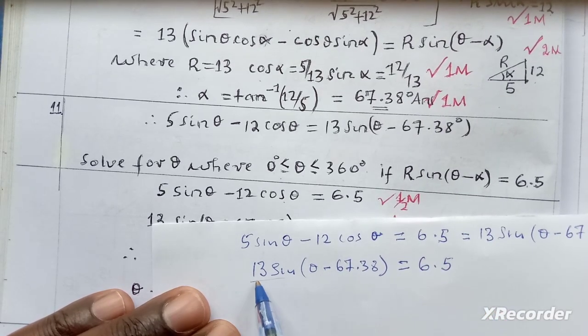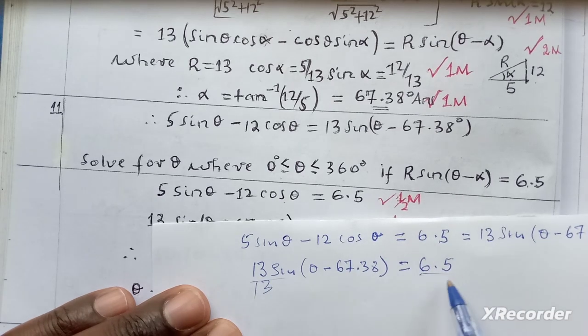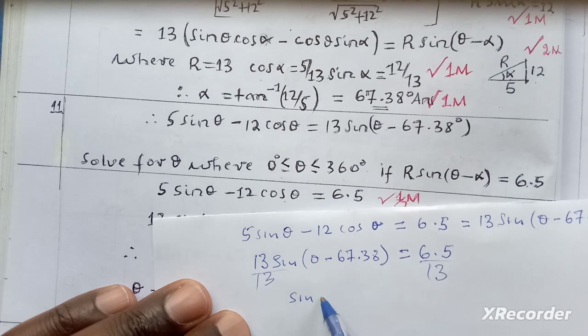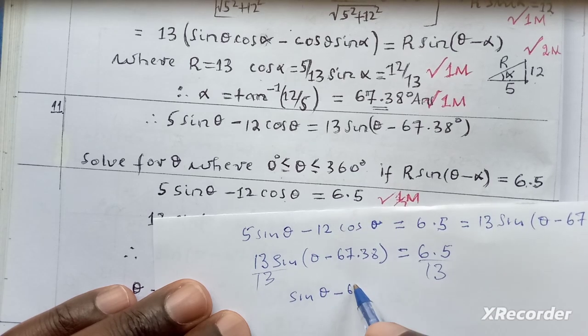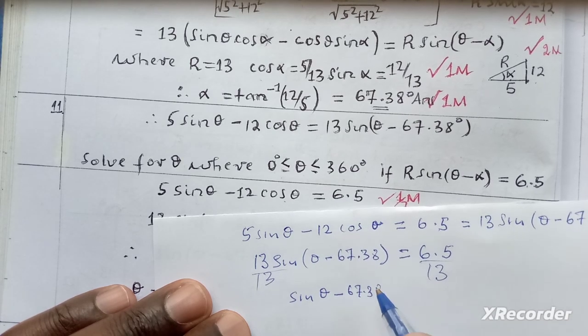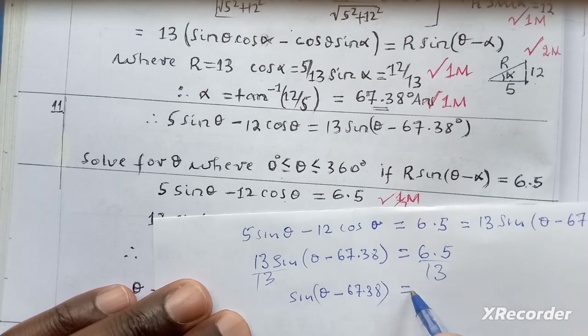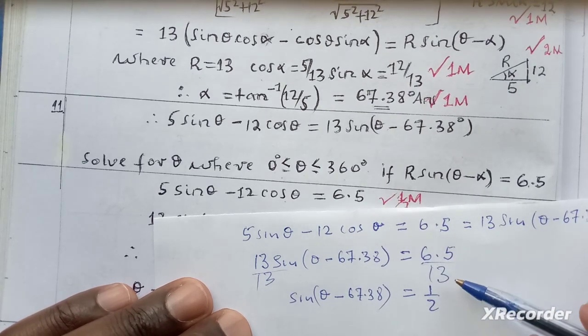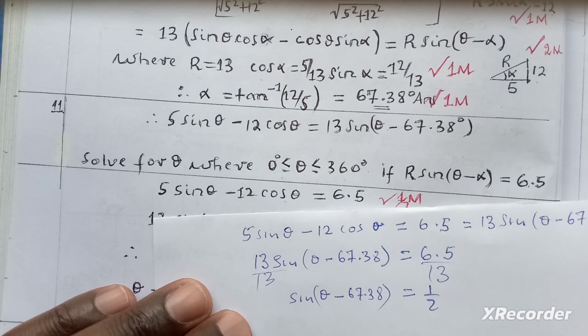So we can divide here by 13, and here by 13. This will give us sine theta minus 67.38 is equal to a half, because if you divide 6.5 by 13, it's going to be a half.